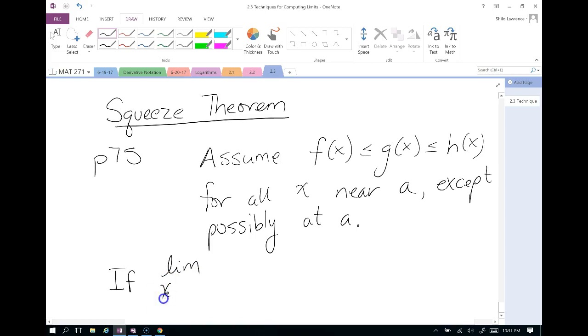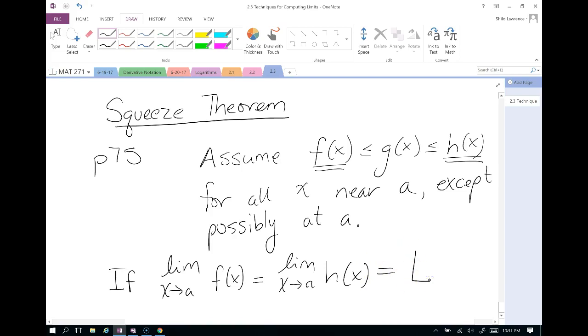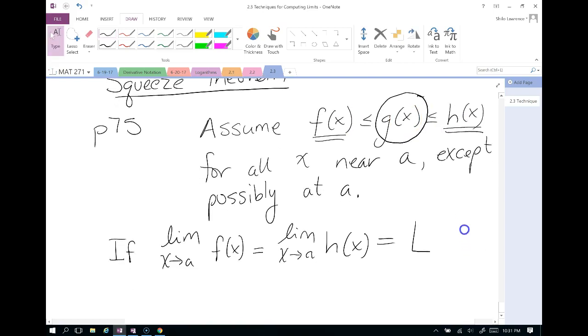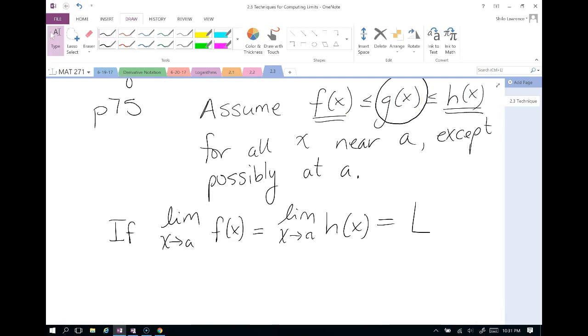If the limit as x approaches a for f of x is equal to the limit as x approaches a for h of x, so your front function and your back function have the same limit, then this guy that's stuck in the middle, since the y value is our limit, and f and h have the same answer, g has got to be the same as well.